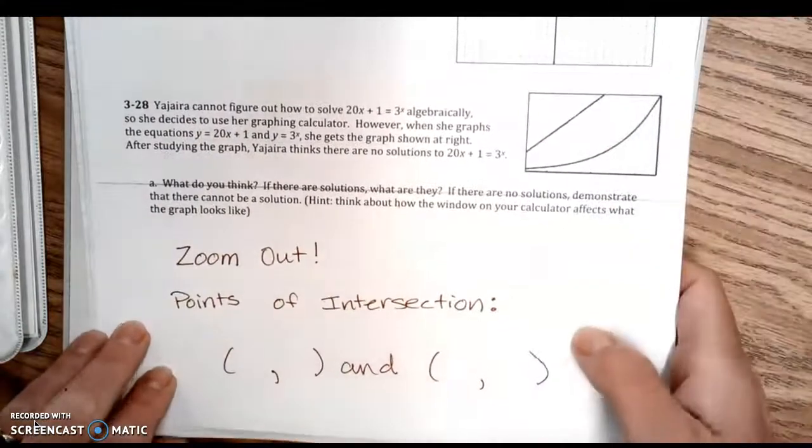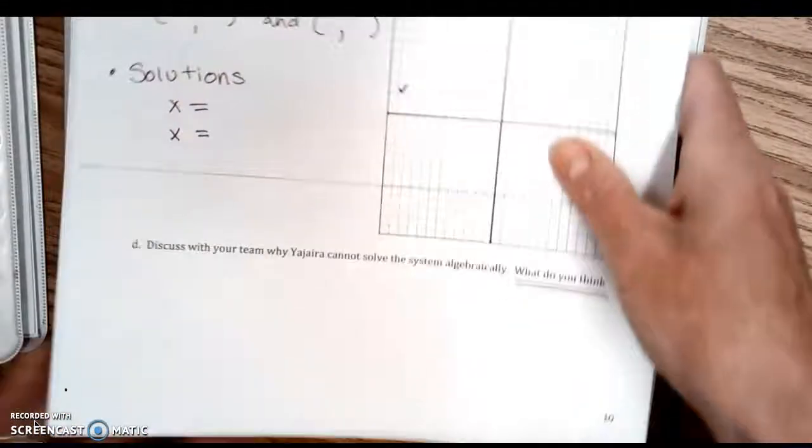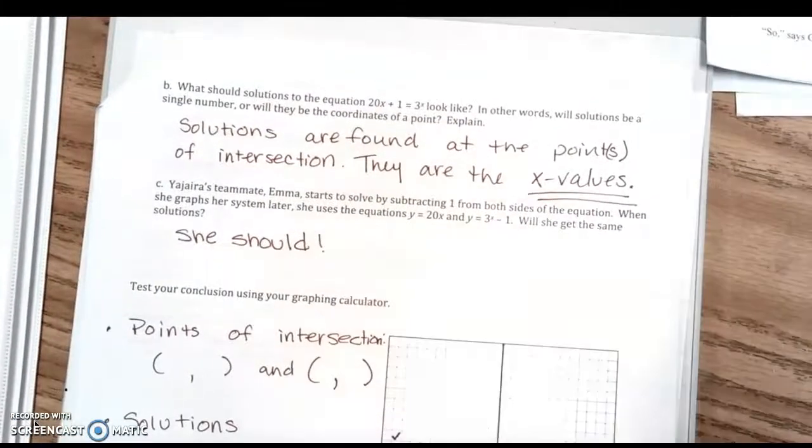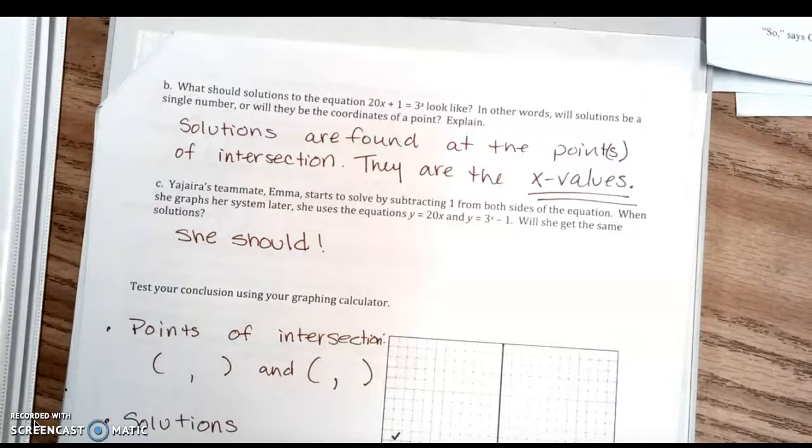Flip over to page 10. What should solutions to the equation 20x plus 1 equals 3 to the power of x look like? In other words, will solutions be a single number, or will they be the coordinates of the points? Okay?